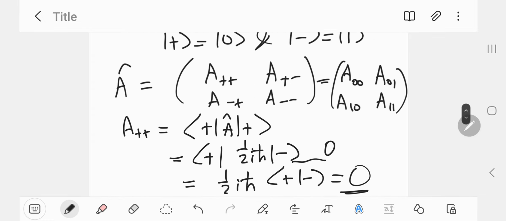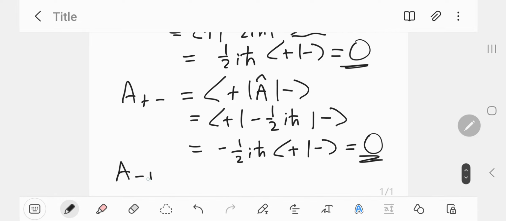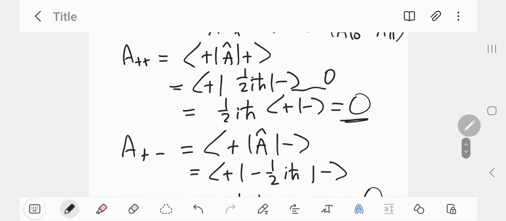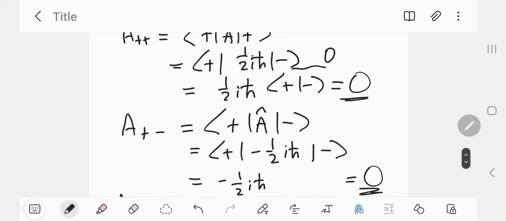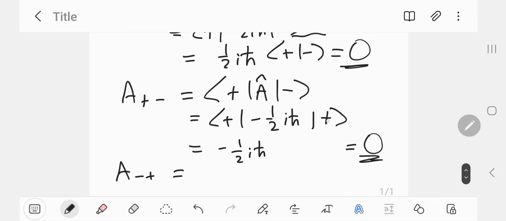Now let's do A minus plus. There's no prizes for that one, you can probably guess what that'll be. But apologies, I've made a mistake here. This should actually be plus.